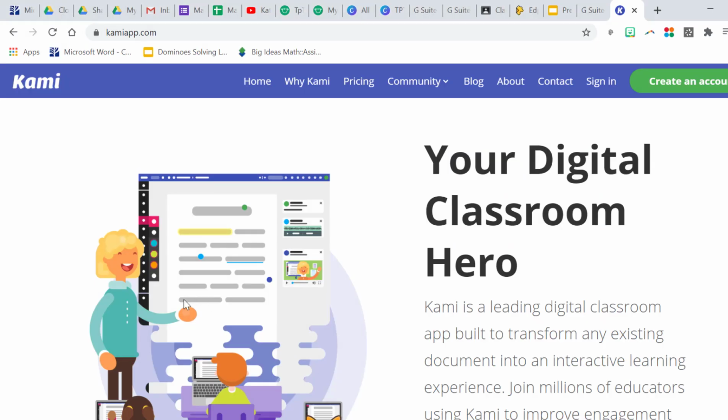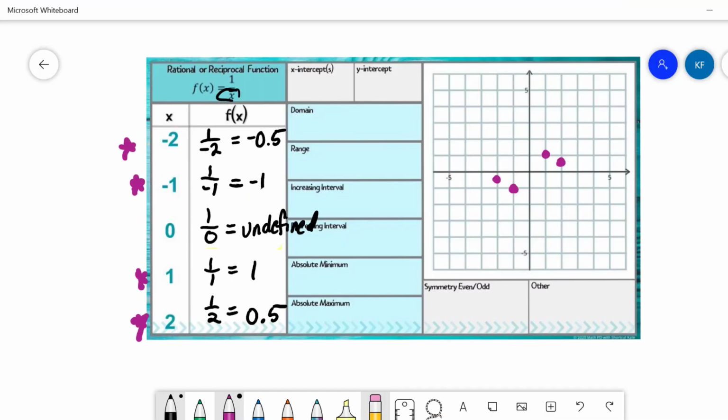And I have left this part right here not graphed yet, right? It's not graphed. So the y value right here is undefined, right? X is defined at 0, so that's fine, but it's the y value that's undefined.